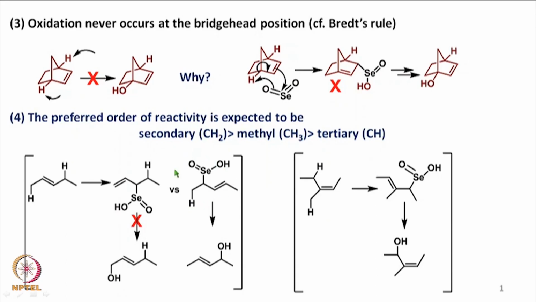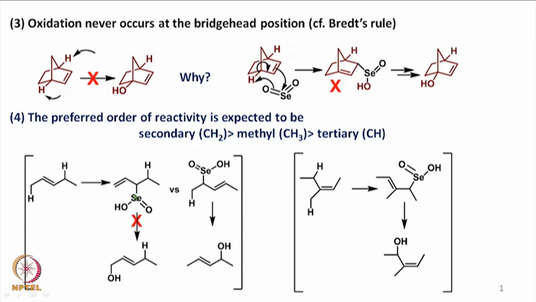Whereas if we take this secondary hydrogen into consideration, then the intermediate involving a selenium species that is formed is this particular intermediate, in which, as one can see, the double bond is 1,2-disubstituted, and that leads to the formation of the allylic hydroxy group like this.